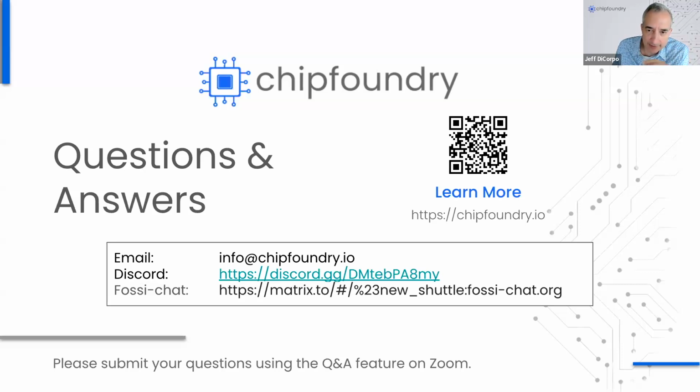We do have an initial preliminary GitHub repo available on the ChipFoundry organization. If you search for Frigate, you'll find both Frigate and the Frigate user project. But that's all early right now, as we're still working through getting it ready for use.